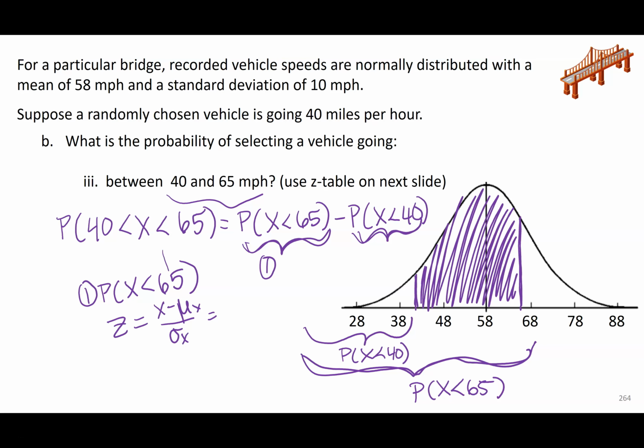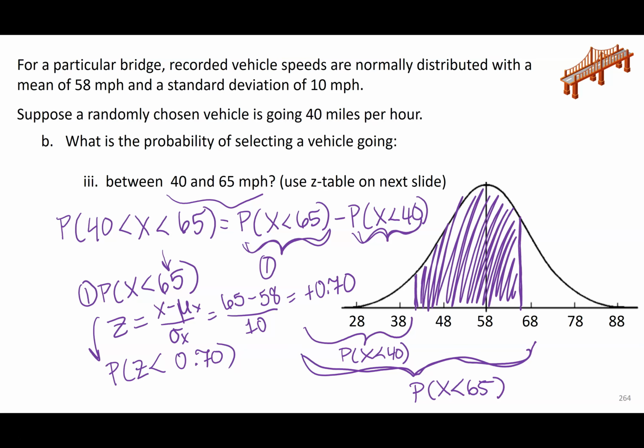So x is what I'm interested in, 65. So 65 minus 58 is the average, over 10 is the standard deviation. 10 is such a nice friendly one. I'm going to get 7 over 10, so positive 0.7. I'm going to throw in a 0 because it's a z-score. So that's the same as the probability that z is less than positive 0.7.